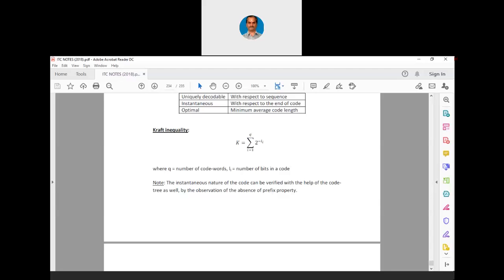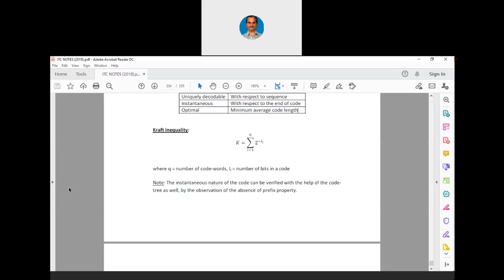Another way is that the code tree can be converted into a graph, and for the graph one program can be written, either in C language or any other computer programming language, and through that program again the instantaneous nature of the code can be verified. Those are other methods of verifying, and it can be verified mathematically by using Kraft inequality also.